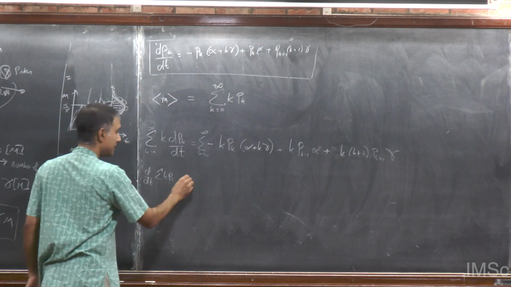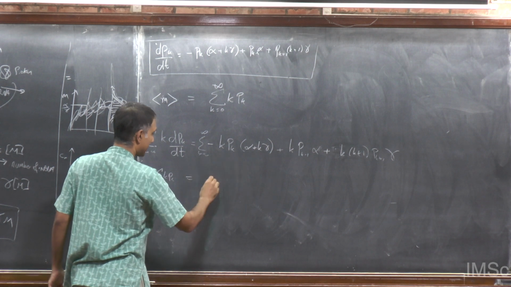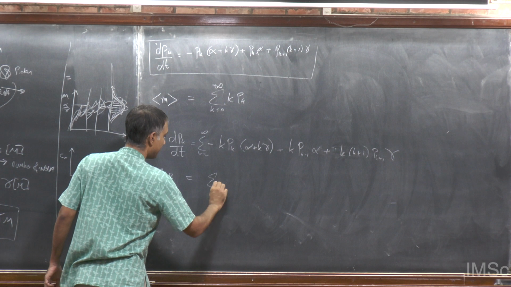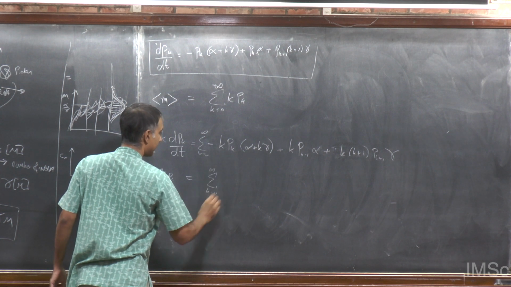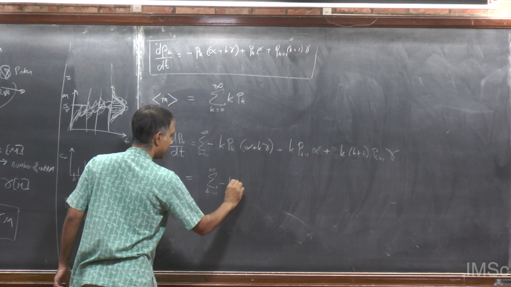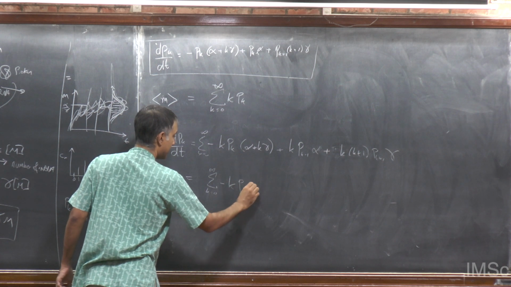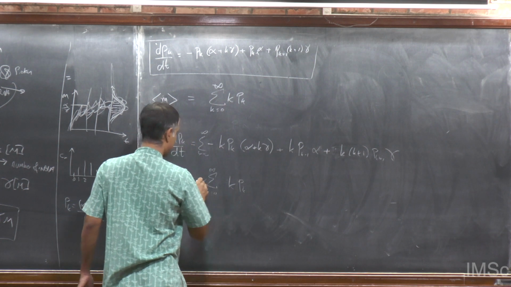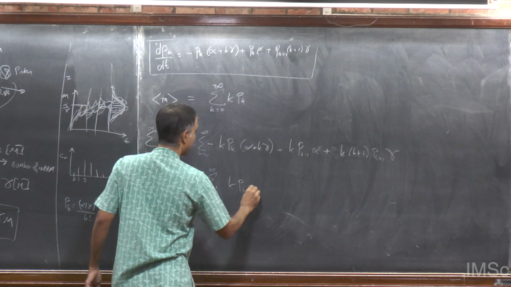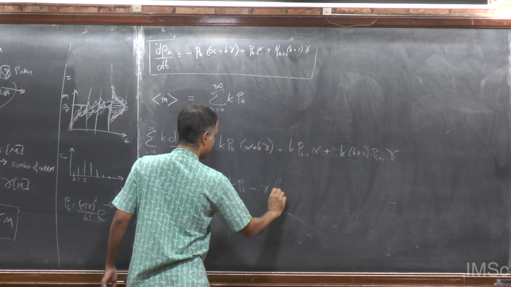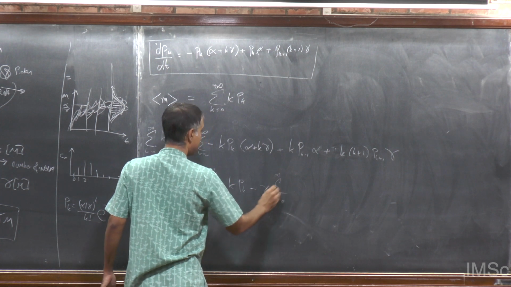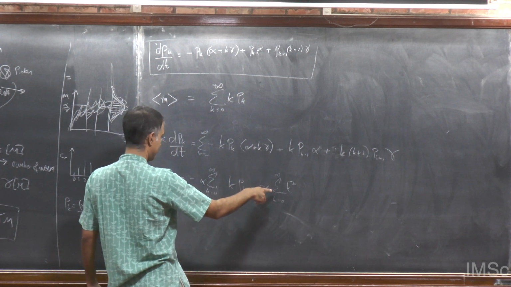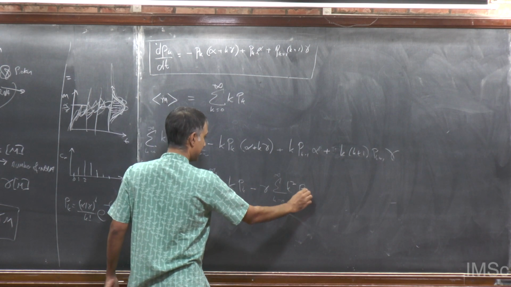And on the right side, what do I get? This is actually going to be pretty complicated, so I'll write out all the terms separately. I get the sum from k equals 0 to infinity of minus k p sub k alpha, and I get minus gamma times the sum from k equals 0 to infinity of k squared p sub k. Is that correct?